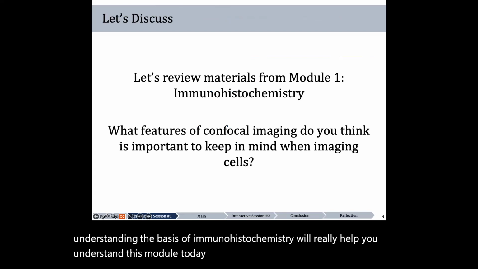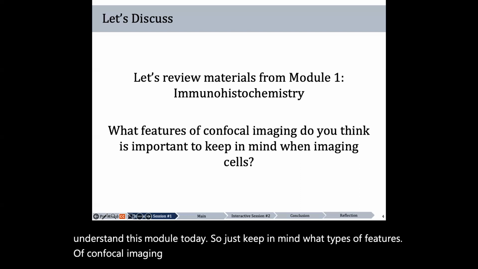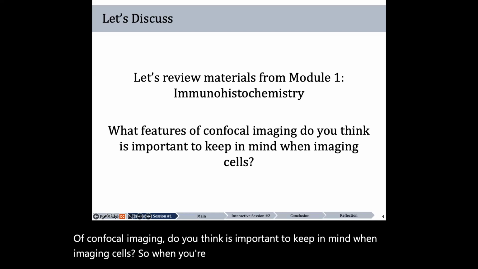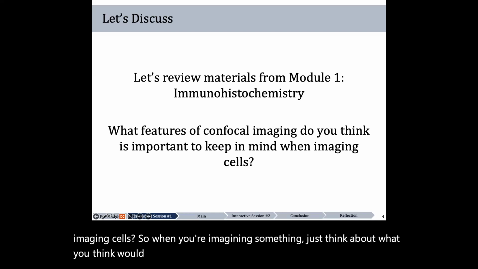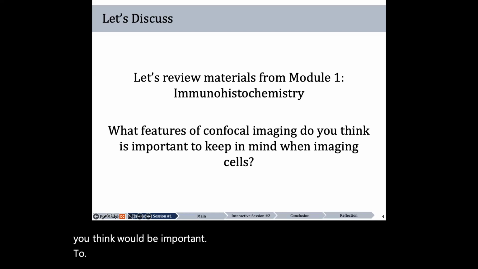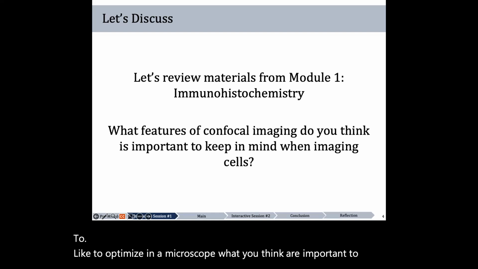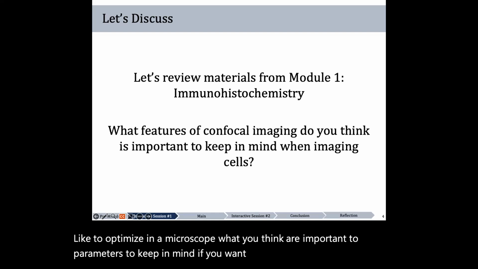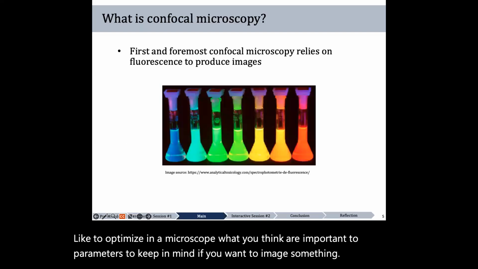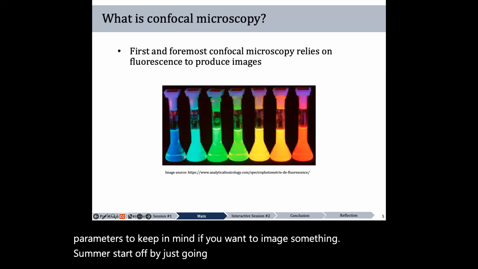So just keep in mind what features of confocal imaging you think are important when imaging cells. When you're imaging something, think about what important parameters you would want to optimize in a microscope. So I'm going to start off by going over what confocal microscopy is.